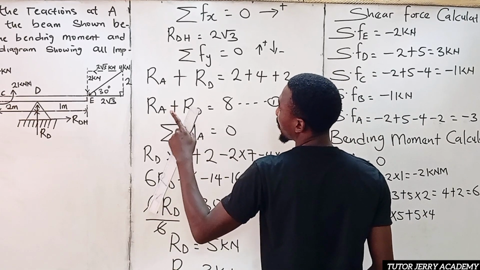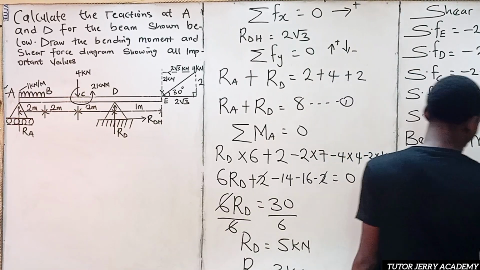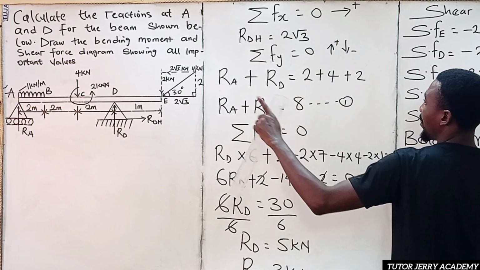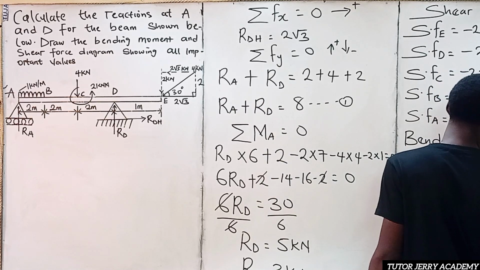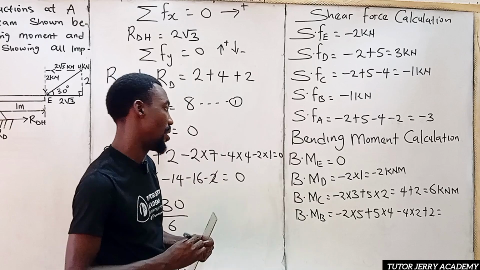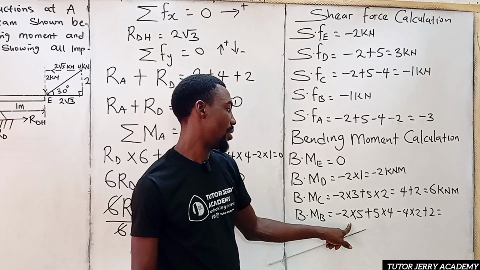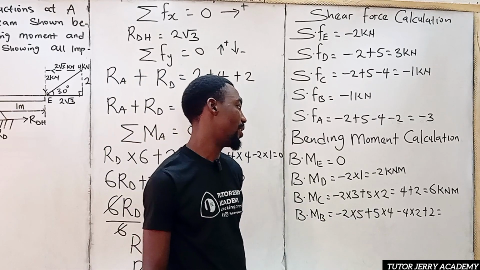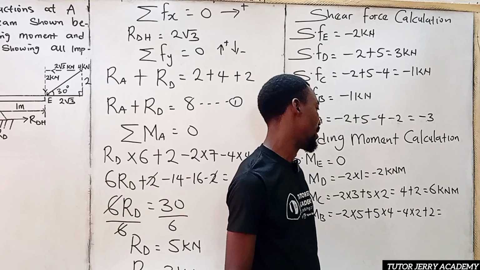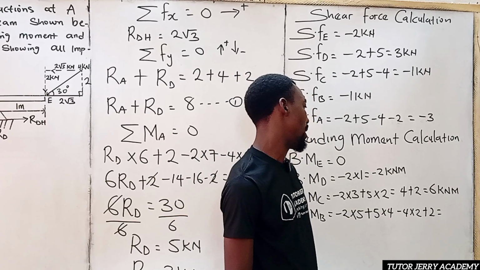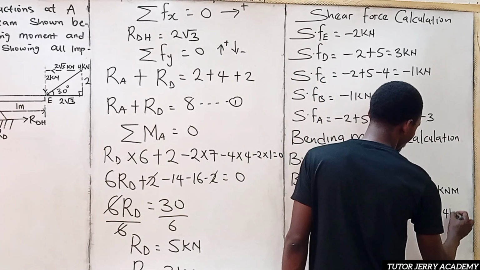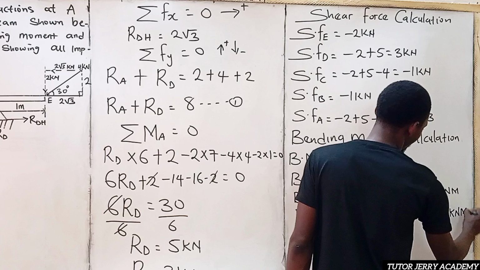So again, minus 4 times 2. Then we have another anti-clockwise moment there, plus 2. So this will be equal to, all right, this is minus 10 plus 20, that is 10. And 10 minus 8, that is 2. And 2 plus 2, that is what? 4. So we have this to be 4 kilonewton meter. All right.